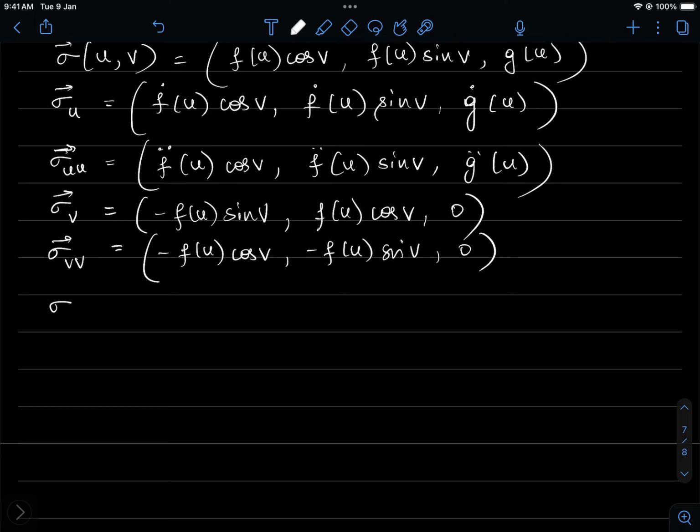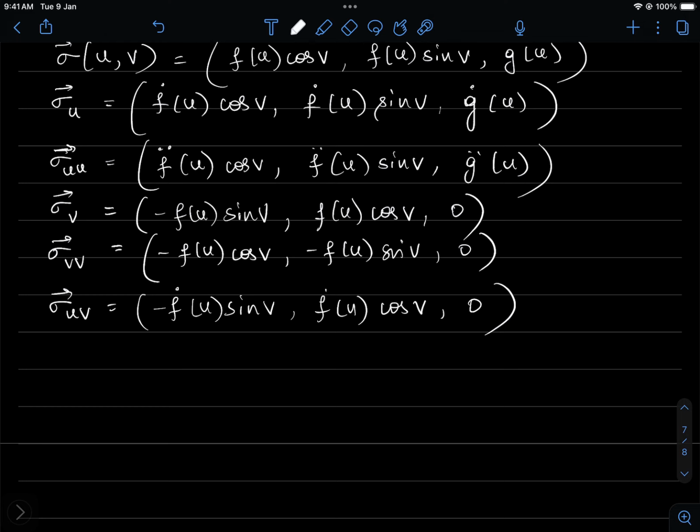So the last one, what is sigma uv? Sigma uv is minus f dot u sin v, f dot u cos v, 0. It's the first derivative with respect to v of sigma u, so you take the derivative with respect to v and you get sigma uv. So we have all the ingredients.